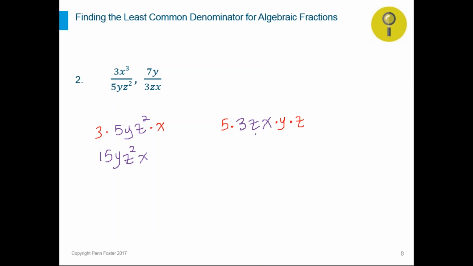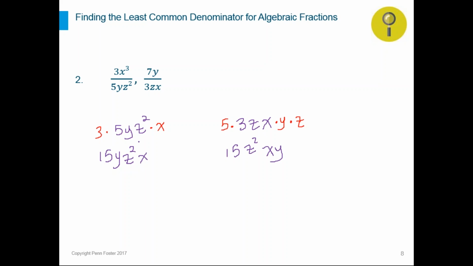The second denominator, 15, because 3 times 5, I have z to the second, z times z, and then I have x and y. Compare. 15, I have 15. Y, I have a y. X, I have an x. Z squared, and I have a z squared. These are the common denominators. This is the LCD of the two fractions.